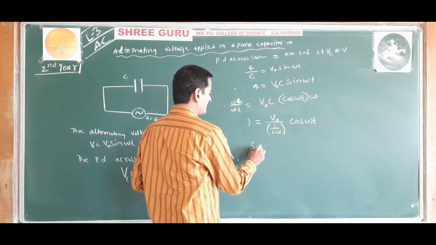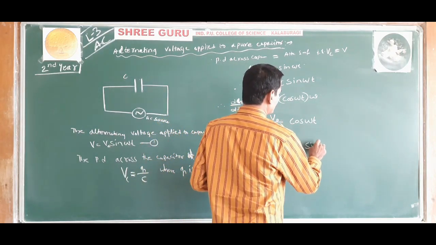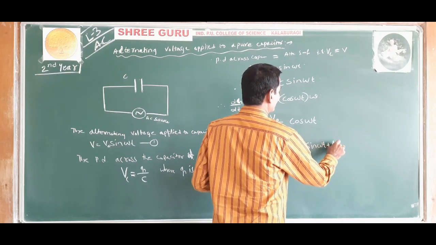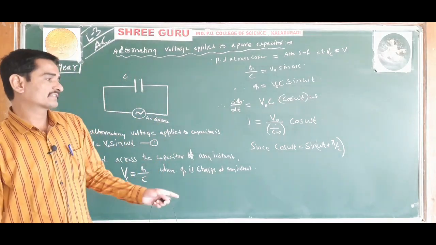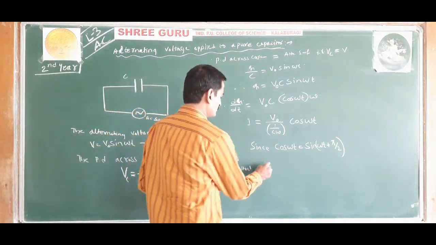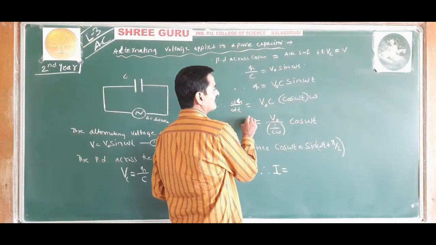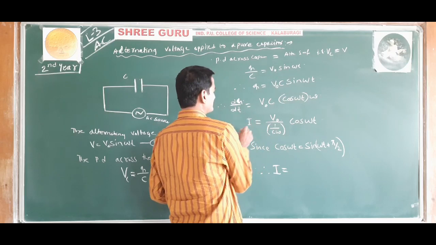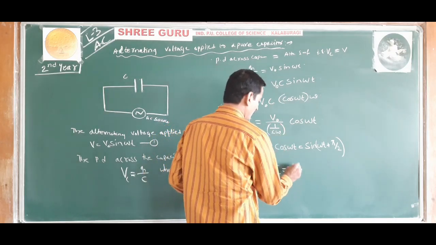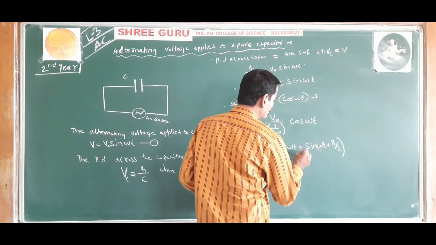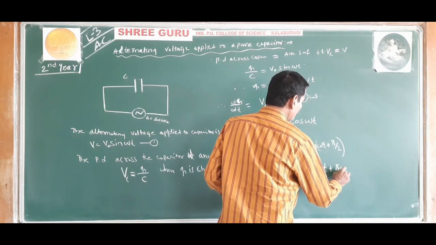Since cos theta is equal to sin of theta plus pi by 2, cos omega t can be written as sin omega t plus pi by 2. So I equals I naught into sin of omega t plus pi by 2.